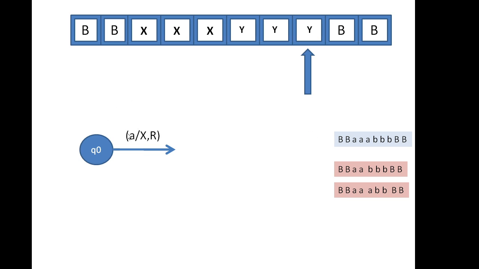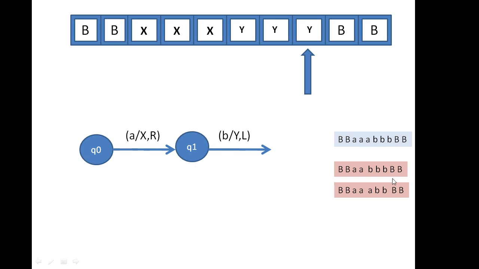Input is A. I convert it into X, and I'm moving right. I move right till I get a B. Then I move to state Q1, and I get a B, and I convert it into Y and then move left.